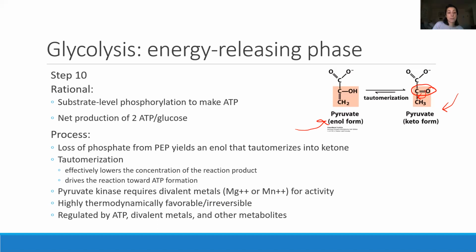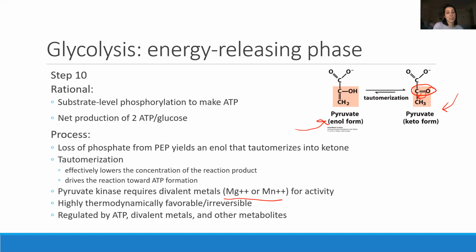This enzyme that actually forms pyruvate, again, is a kinase. It's heavily reliant on magnesium or manganese for its activity. So it's very important that nutritionally magnesium, as I've noted throughout this, is available for glycolysis to occur.